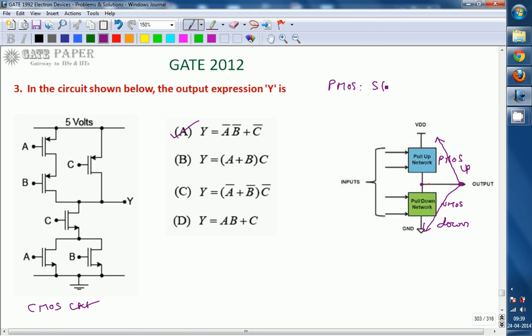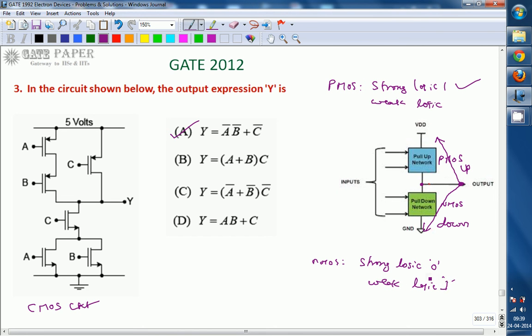PMOS can pass strong logic 1, whereas PMOS can pass weak logic 0. So to get the output at node 1, that is output as logic 1, we use PMOS transistors, which act as strong logic 1, whereas NMOS transistors pass strong logic 0, whereas weak logic 1.